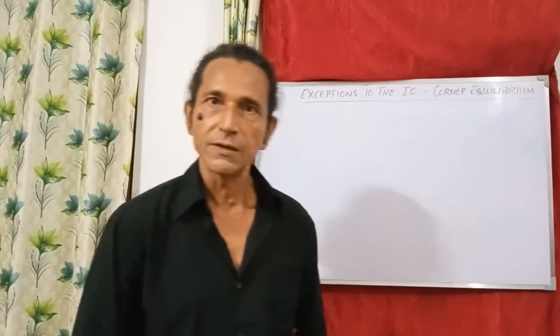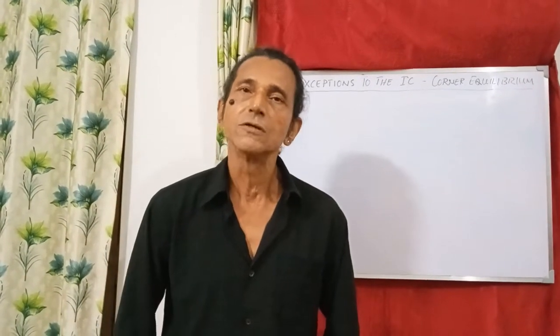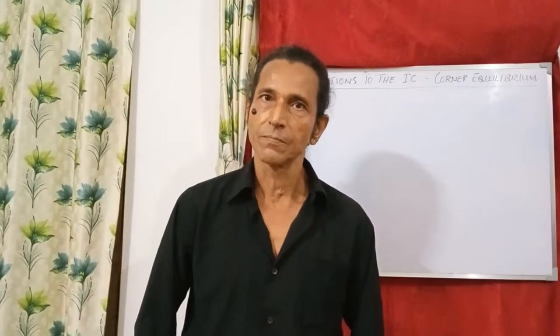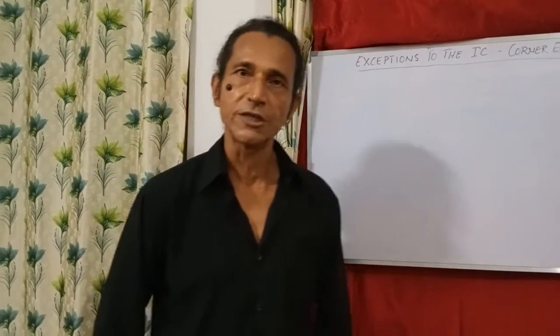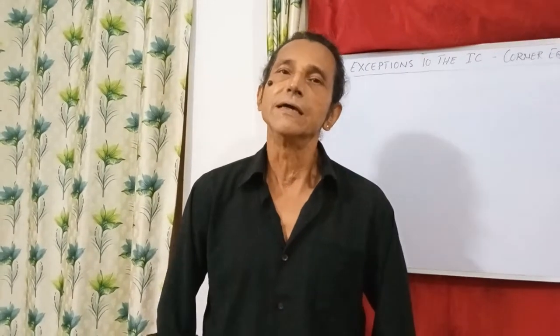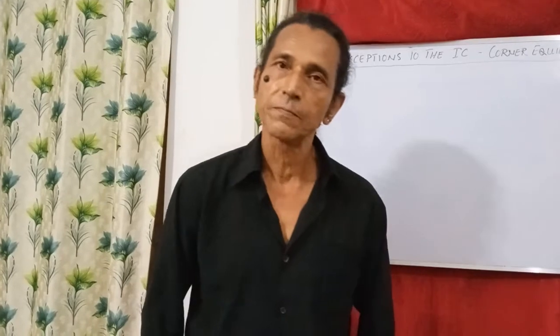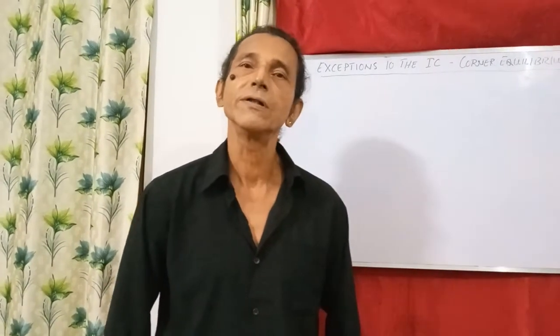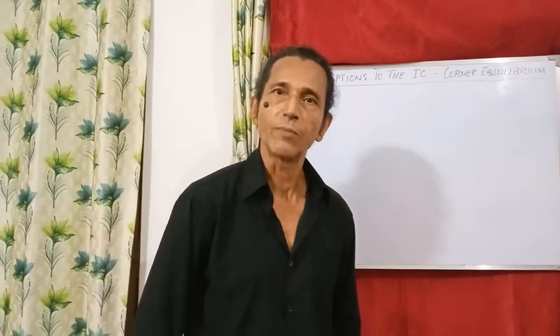Today's video will focus on corner equilibrium with convex indifference curves. Corner equilibrium, that is the equilibrium of the consumer when he consumes only one commodity, happens when the consumer is either unwilling or unable to purchase one commodity.